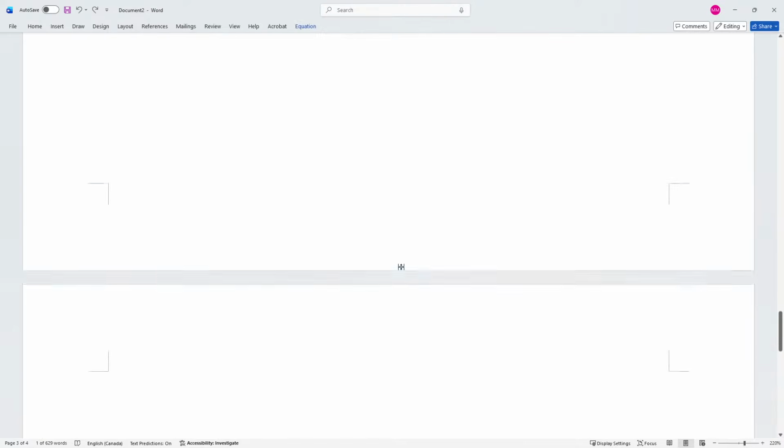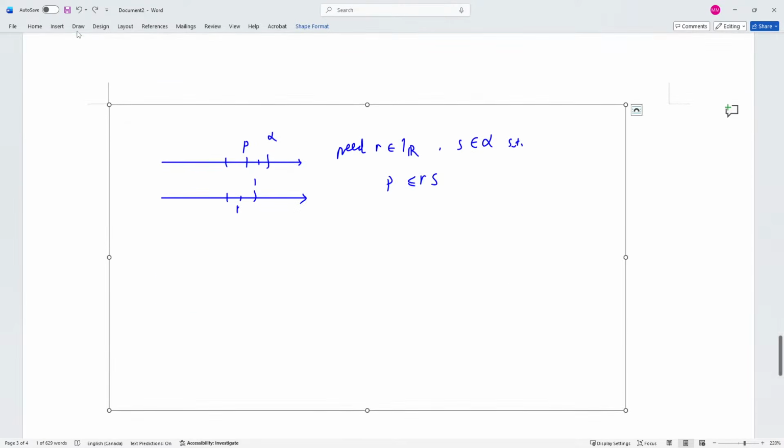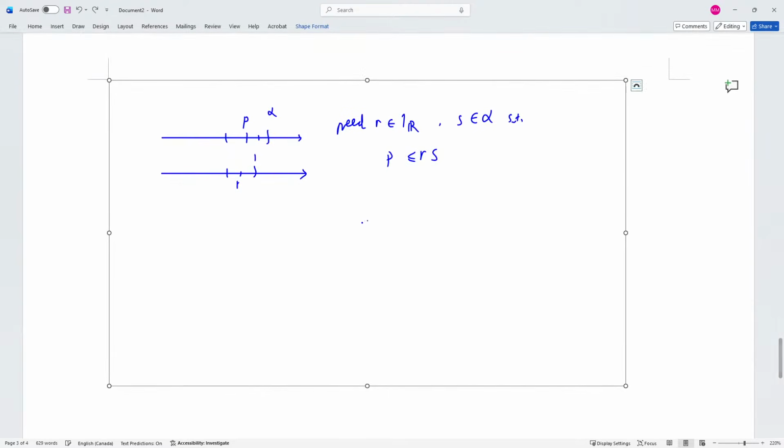And so you see, that's the problem. We have P is less than R. That's certainly okay. And Q is less than 1. So Q is in 1R, R is in alpha. But we need P to be less than R times Q, and that's not guaranteed.